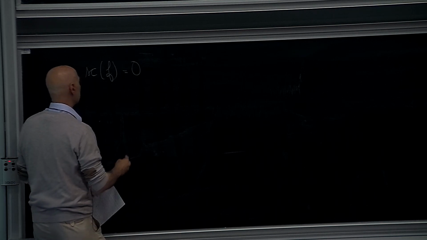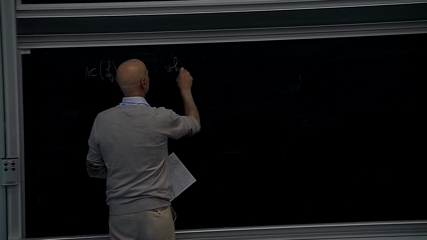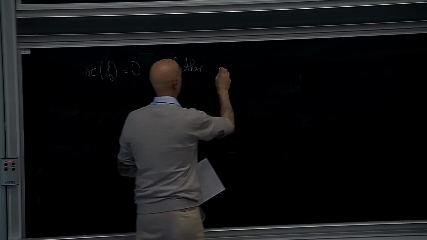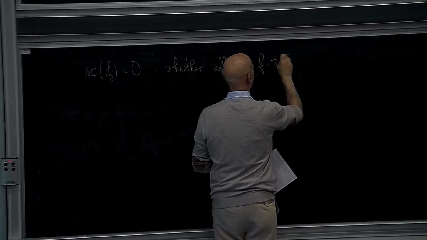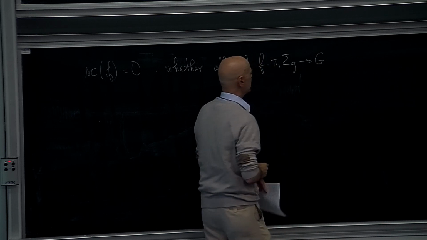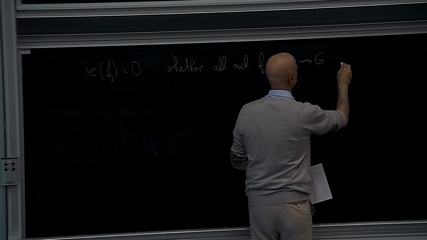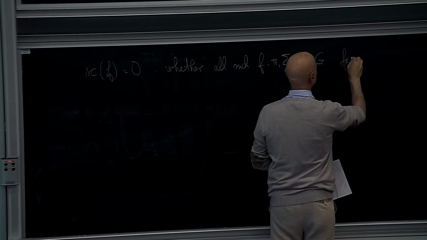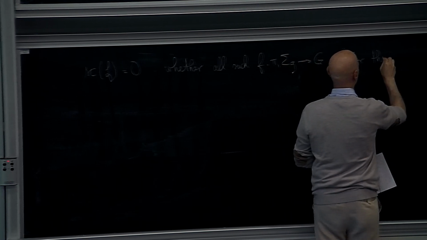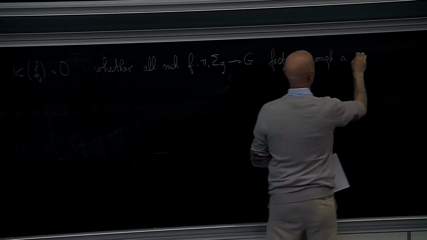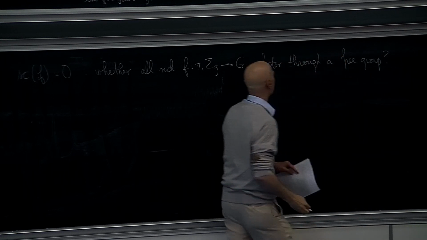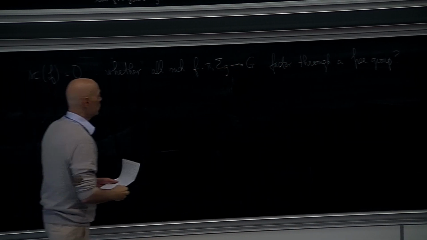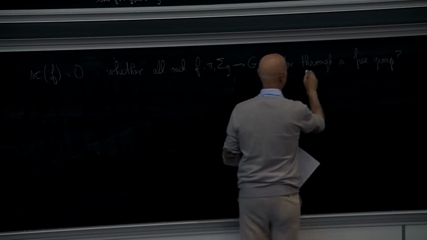And the question which appears is a bit more precise, whether all such homomorphisms are elementary, namely they factor through a free group. Those which factor through a free group will be called elementary.